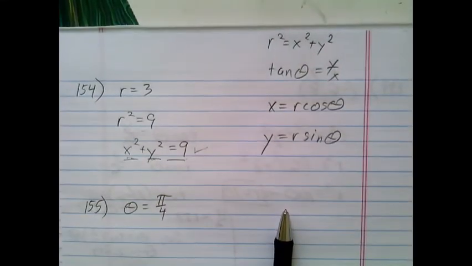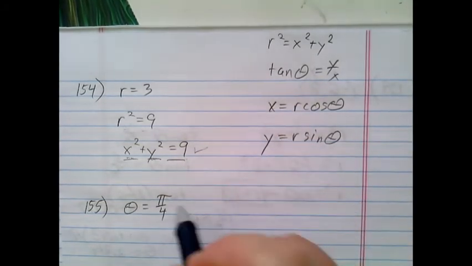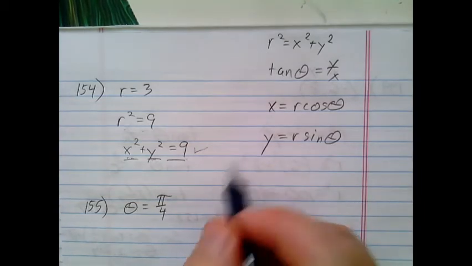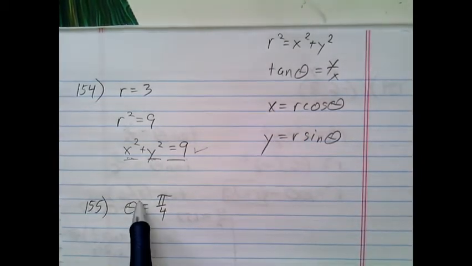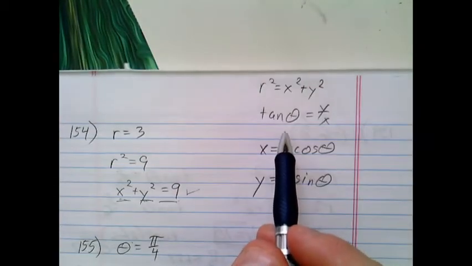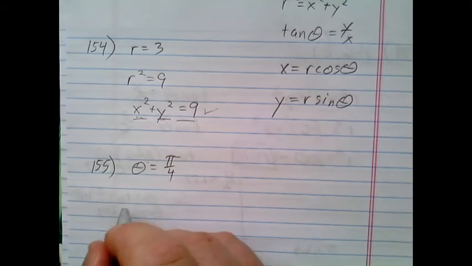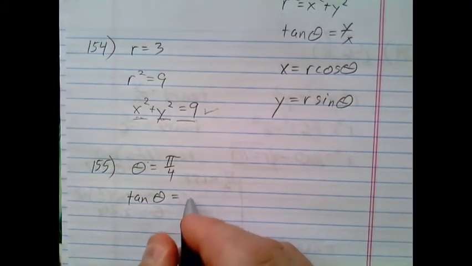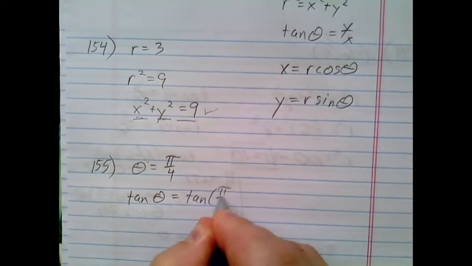Now, I can use these formulas to convert that to rectangular form. What I need to do is apply a tangent to both sides of this equation so that I can use this formula here. So if I apply tangent to both sides, then I get tangent theta equals tangent of pi over 4.